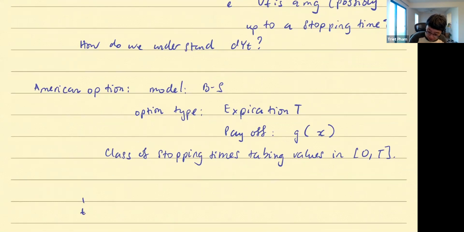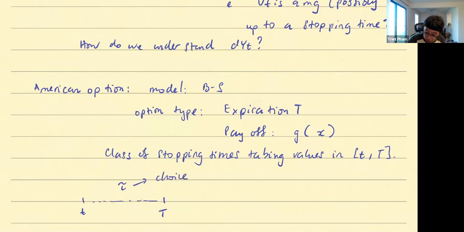Maybe here 0 to t is not even correct. Let's say little t to big T, for example. So here we talk about their point of view at time little t, looking forward. What they have available to them is all the stopping times from time little t to time big T.